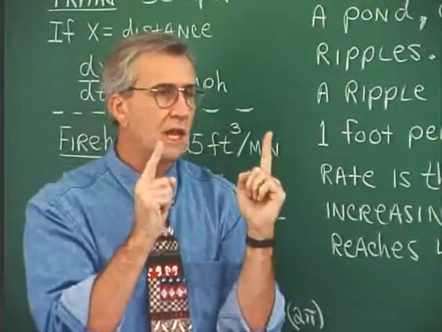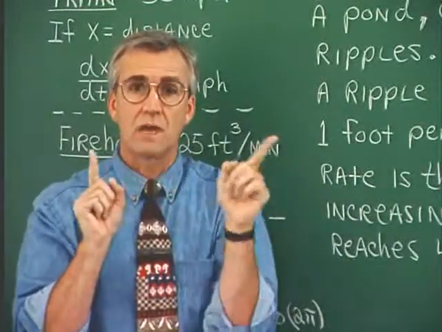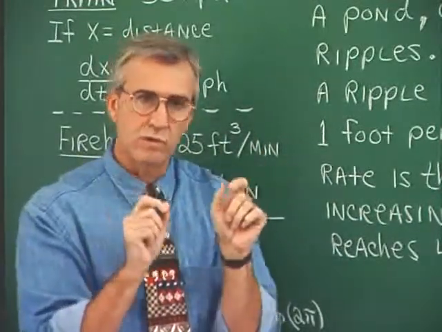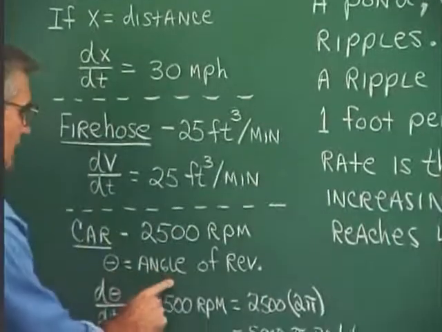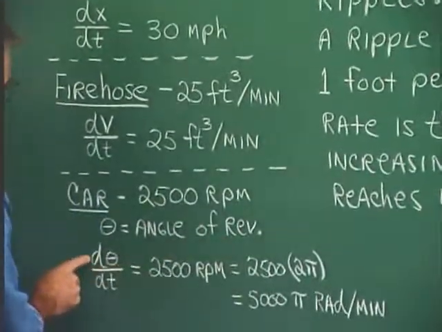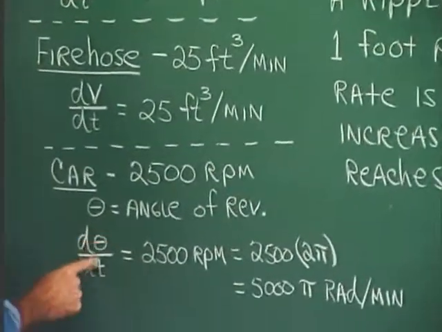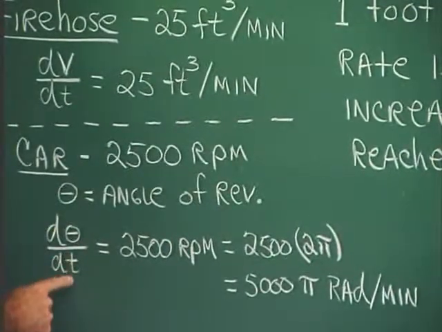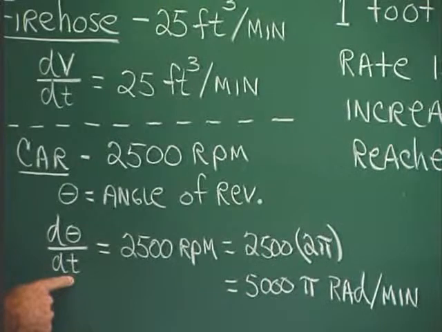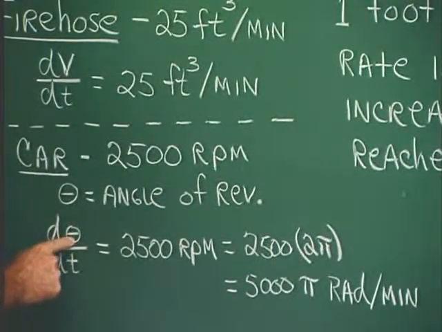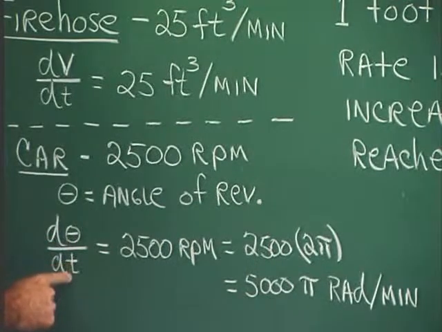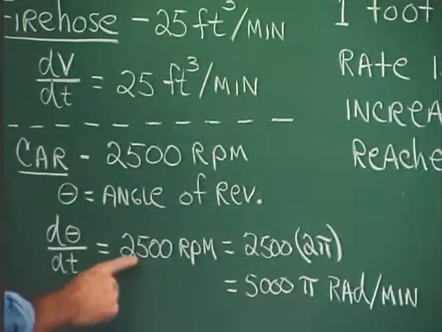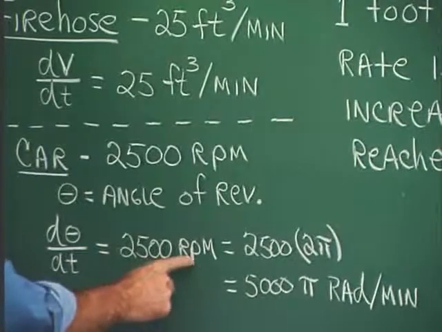That's the change in theta, some kind of angle when we're moving around like this. So theta is an angle of revolution, then d theta over dt means the derivative of theta in terms of time, a frozen moment. It's a rate of change in theta at a point in time. And that's just 2,500 RPMs.